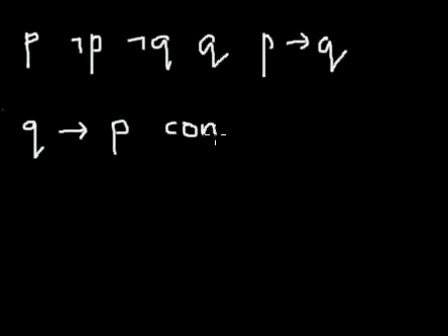So converse is another form of the conditional statement P implies Q. So Q implies P is a converse.